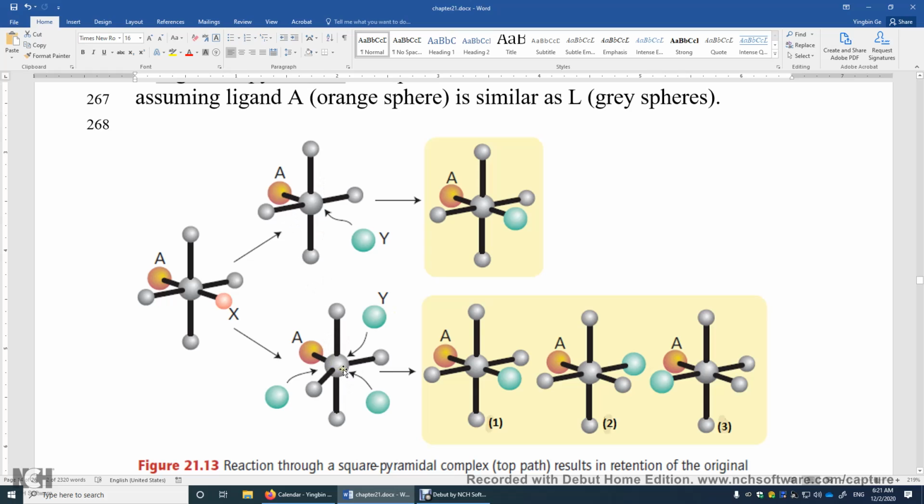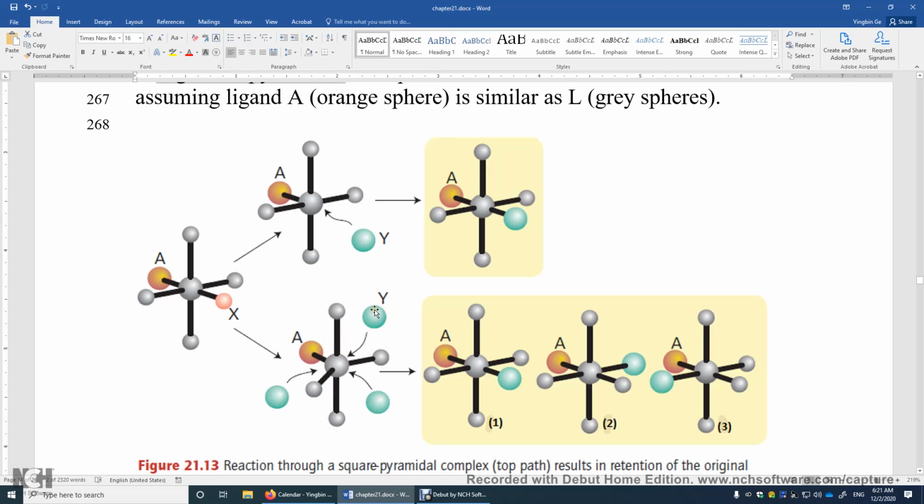This is possible because if you look at the separation between these 3 ligands, 120 degrees, 120 degrees, 120 degrees. Over here, it's 90 degrees, 90 degrees. So just based on VSEPR, we say, well, this is possible. Okay, then what if this intermediate structure is trigonal bipyramidal?